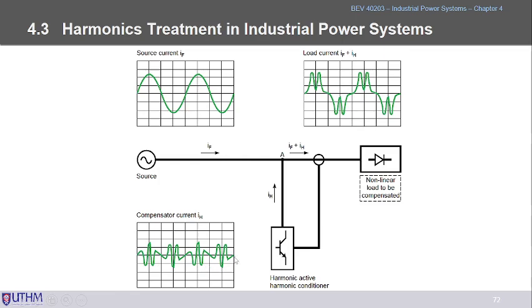When we combine the IF and the IH here, you will have the load current like this one. So our load current is almost like a pure sinusoidal, but it still has a little bit of disturbance here.